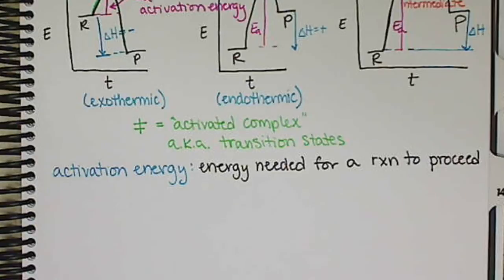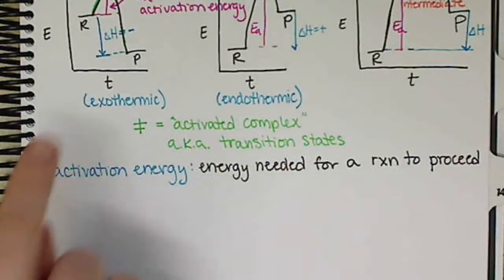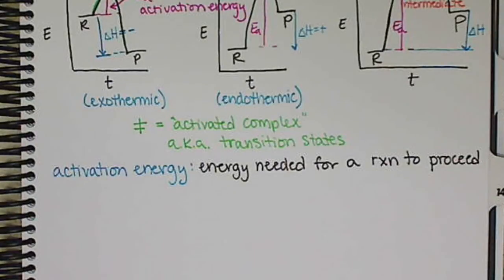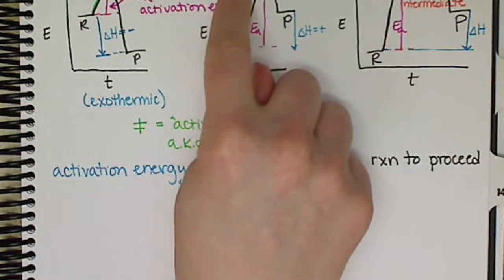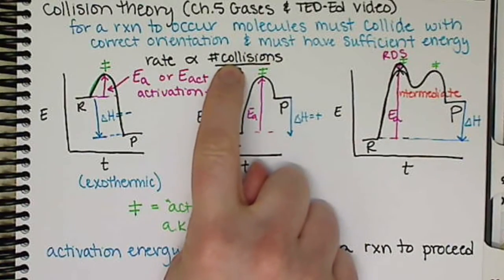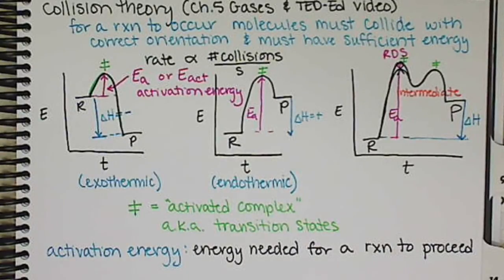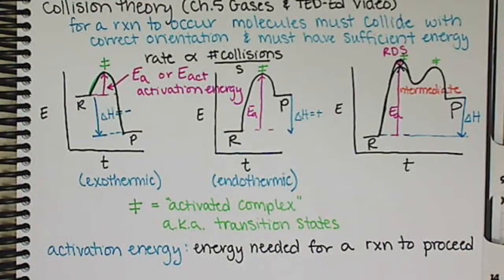One way that we can speed up our reaction, get our reaction to go towards our products, is to increase the kinetic energy of our molecules so that they're moving faster and having more collisions, so that hopefully our rate will increase. Typically we increase the kinetic energy of our molecules by raising the temperature.